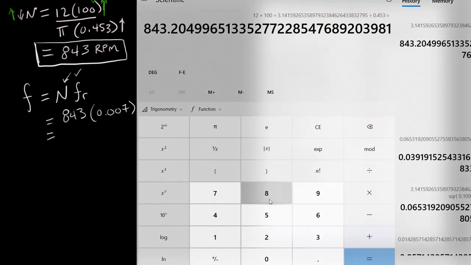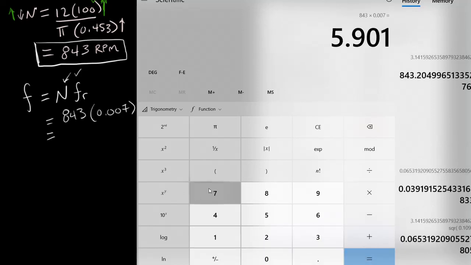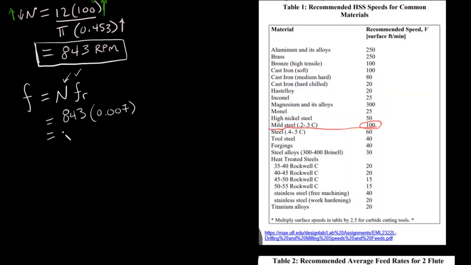So we have 843 times 0.007. And we get 5.901. So I'm just going to use 5.9 inch per minute.